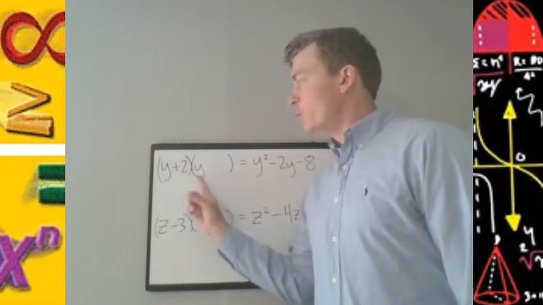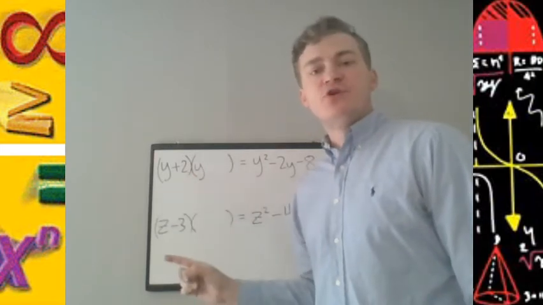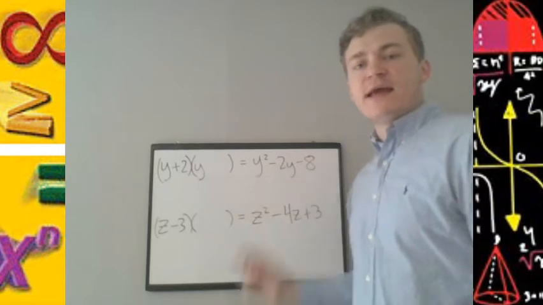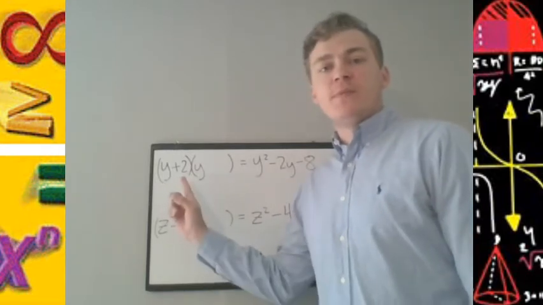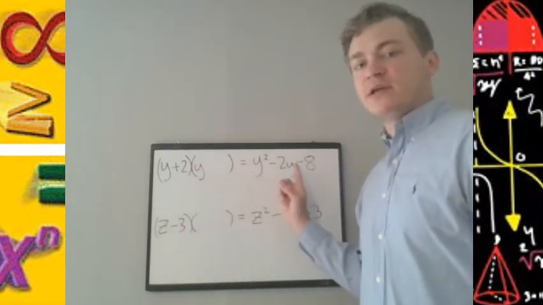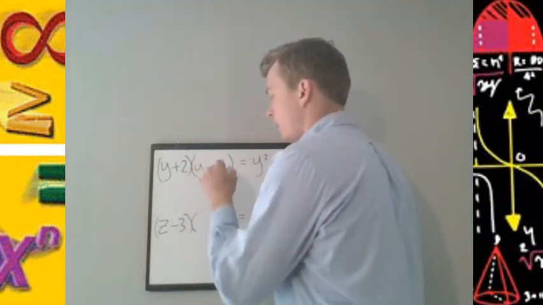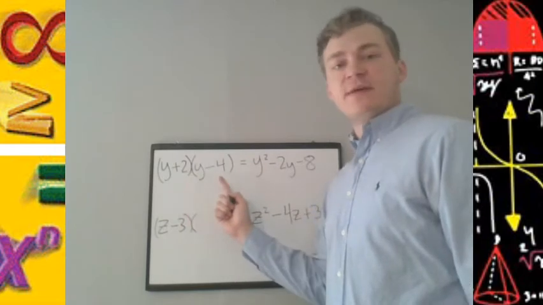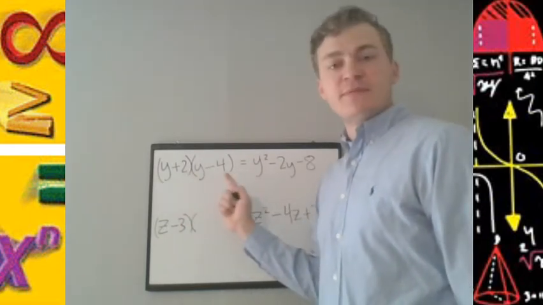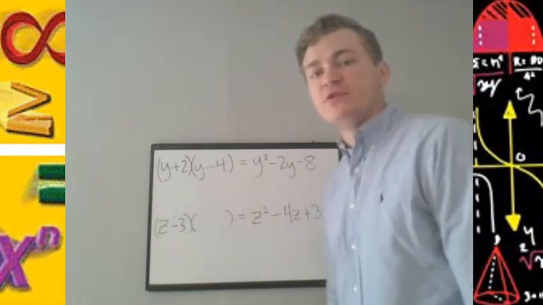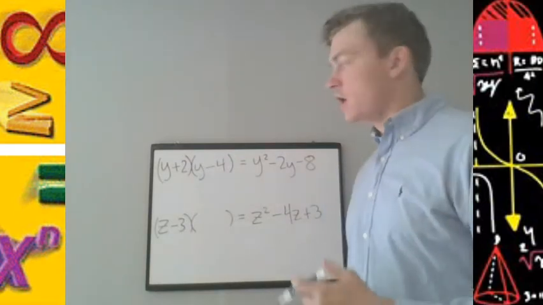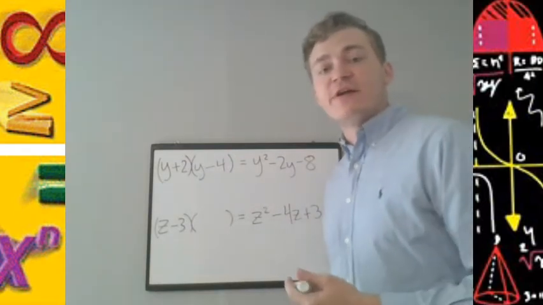Now, what would we want to multiply to a positive 2 in order to get negative 8? That's negative 4. Because a positive times a negative is negative, 2 times 4 is 8, thus positive 2 times negative 4 is negative 8. We also can confirm this by checking the inner and outer product.